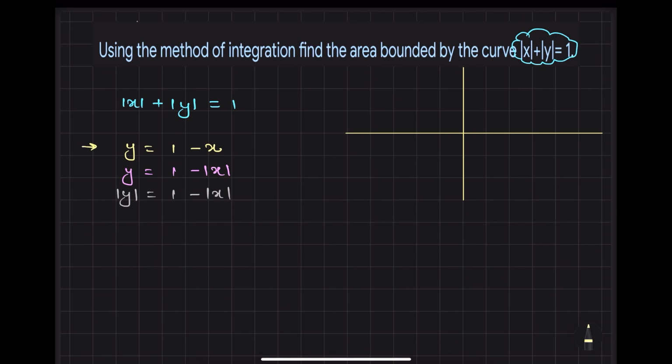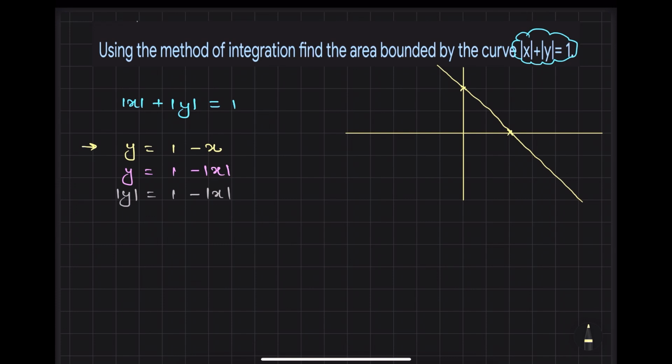So it's a straight line. Suppose x is 0, then y will be 1. And if y is 0, x will be 1. So our graph may look like this. It's a straight line, right? So this must be the graph of the yellow part.